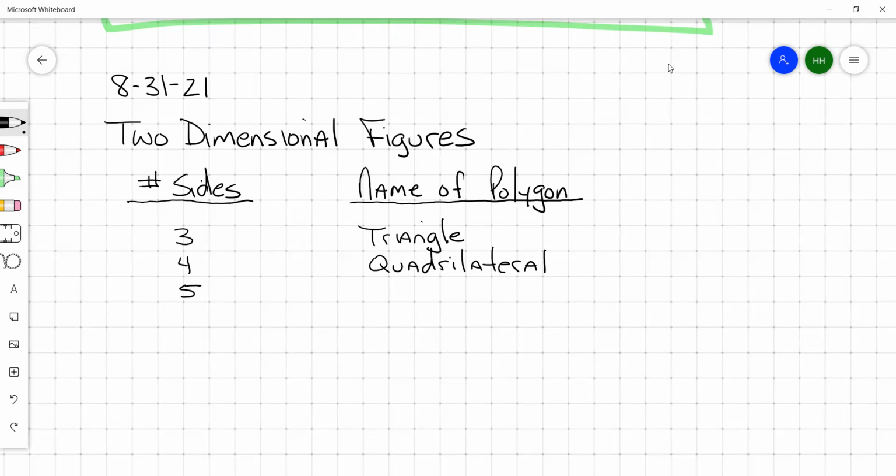Five sides, pentagon. Six-sided shape, that's a hexagon. Seven sides, heptagon.